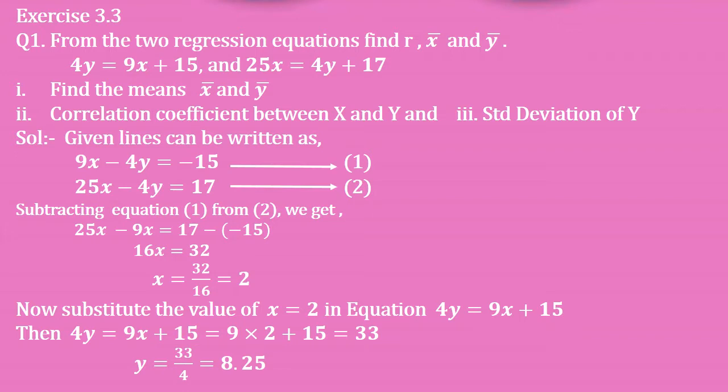Given lines can be written as 9x − 4y = −15 and 25x − 4y = 70. We are rewriting the equations to find out the values of x and y to get the means x bar and y bar.